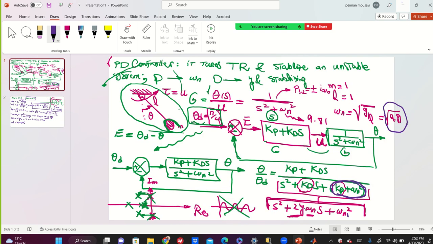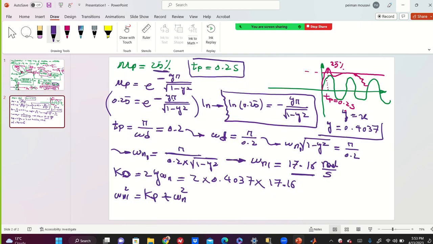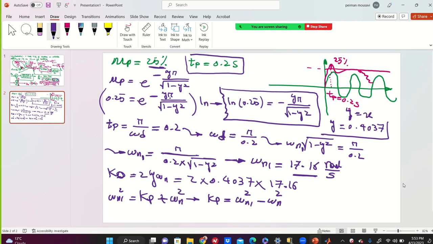See? This is your new natural frequency. So from here you get Kp is the new natural frequency squared minus the old natural frequency squared. Everyone agree? Are you following me? Yes, guys? Okay.